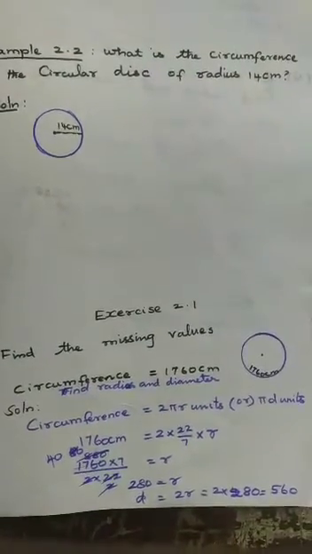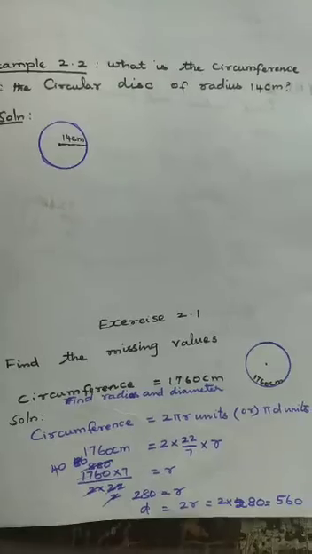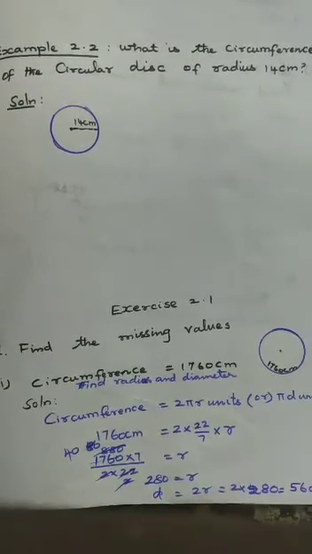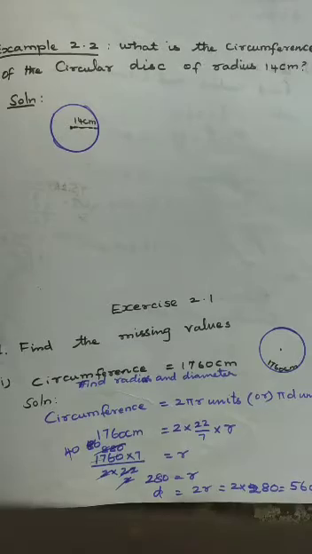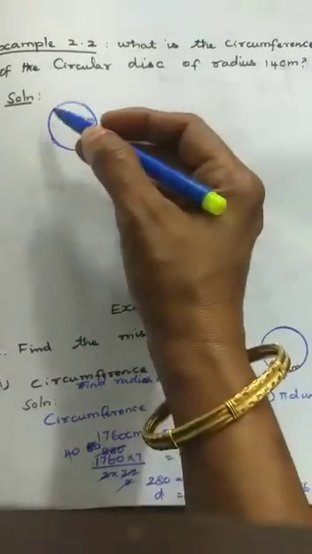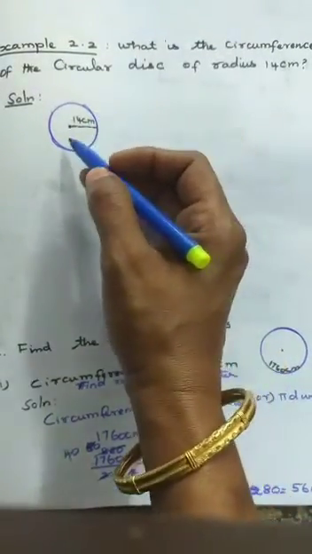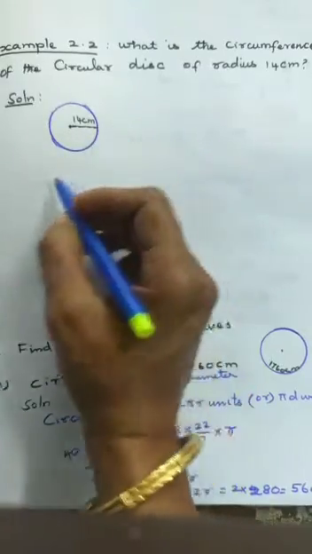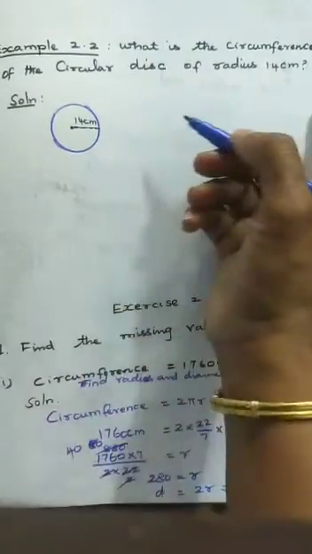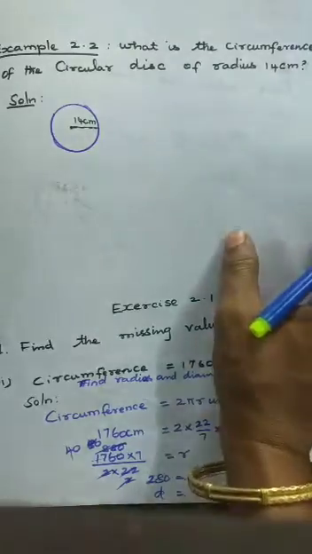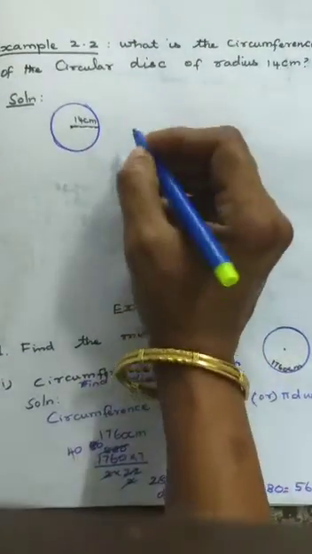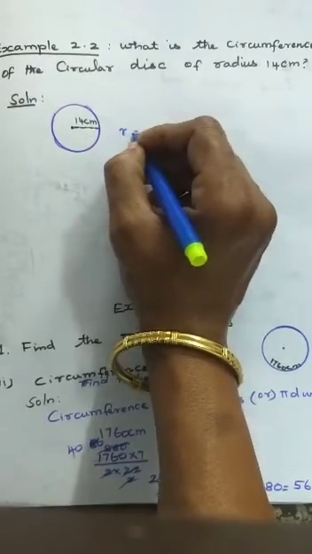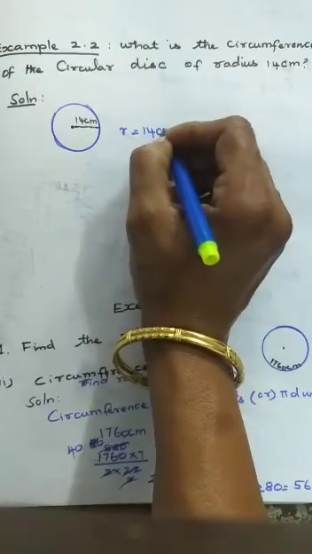Then example 2.2. What is the circumference of the circular disc of radius 14 centimeter? They have given the circular disc, the radius is 14 centimeter. For all the circle sums, you have to draw the diagram and show what is given. Now here r is equal to 14 centimeter.